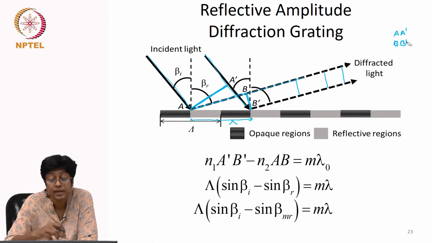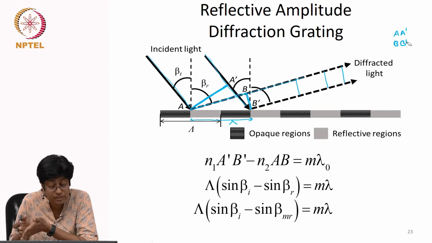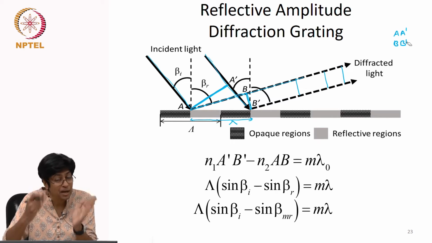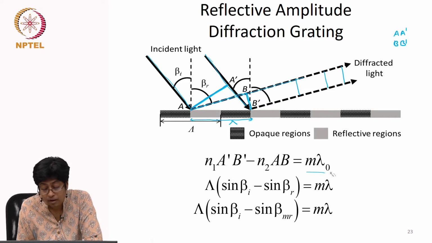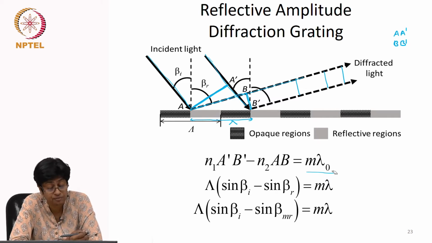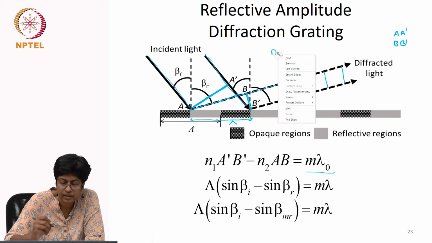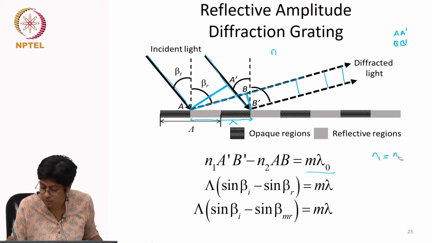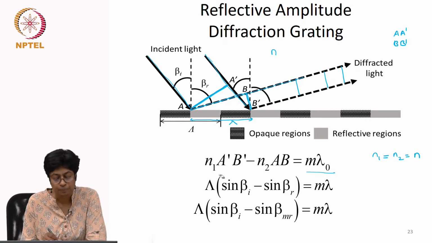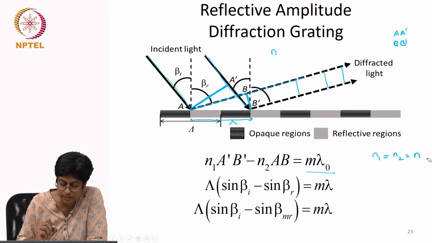I want this to be an order of the grating. That means this must correspond to where constructive interference happens. So if I look at the path length difference between these two rays, they must be some multiple of the wavelength. Now let's assume this medium is of refractive index N. That means N1 is equal to N2 is equal to N. So the path length traveled from A dash to B dash, I've put it as N1 here, but it's all the same refractive index.